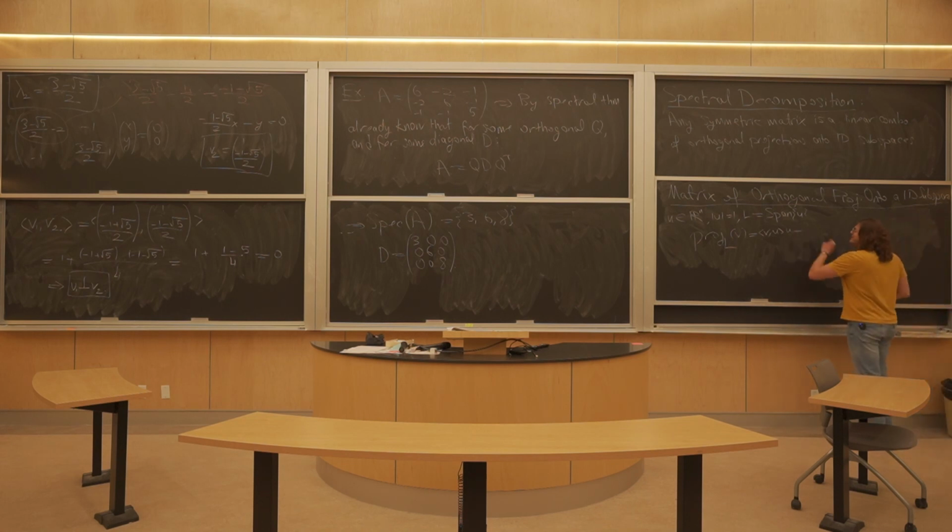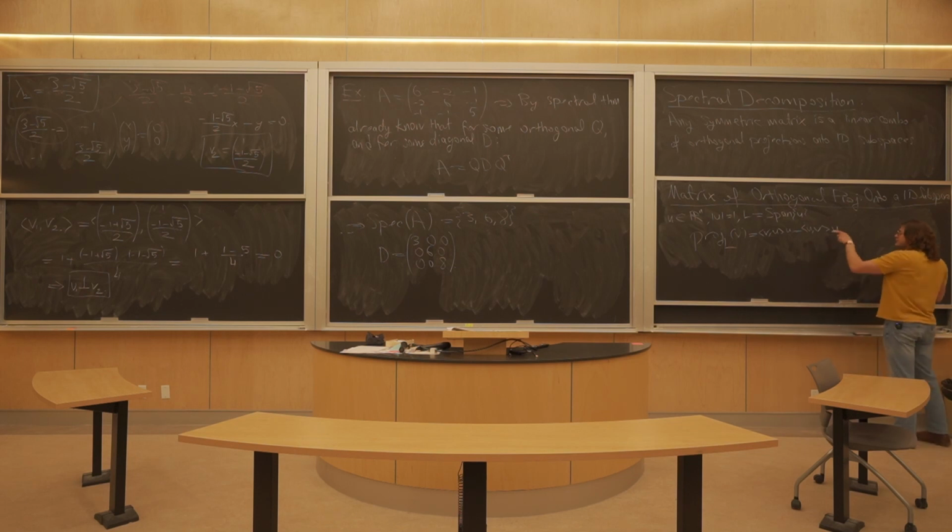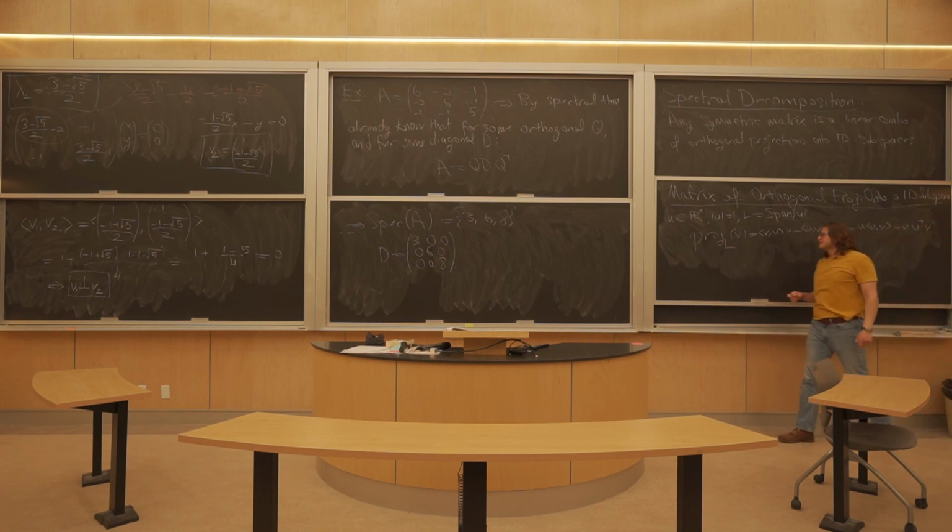This is the same thing as U against V times U. But this is a number, so I can put it on the other side. Then this is nothing but U times U transpose times V. So this projection operator really is given by this matrix.